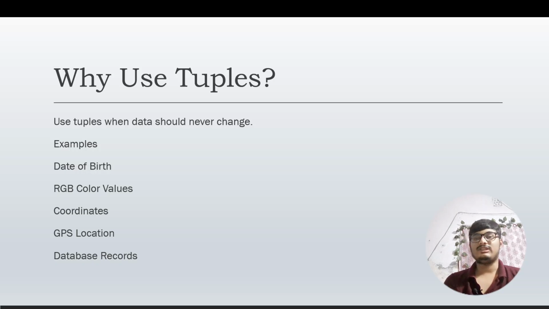These things do not change. Like GPS location and database records, most old database records do not require changes. So we can use a tuple in that case, so that even accidentally no changes are made to those data sets. I hope you understood this.